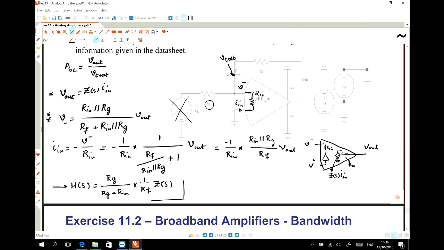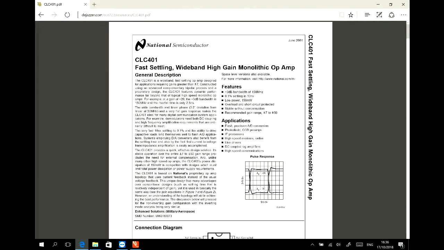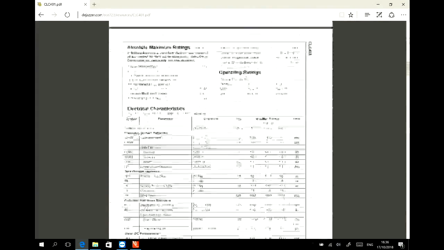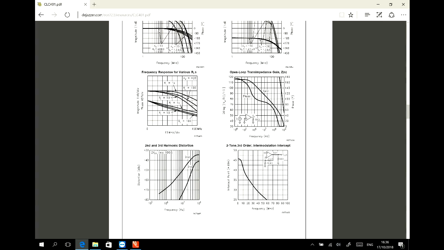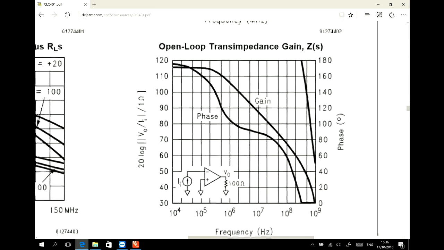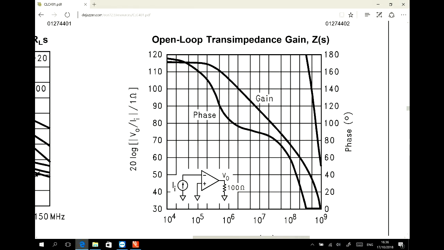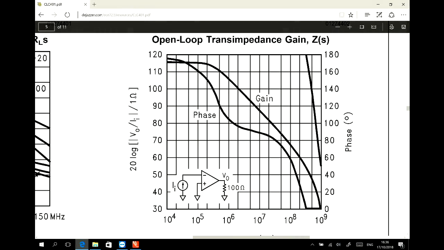If we look at the data sheet, we have two important things. One of them is this Bode diagram, which shows the ZS. So this is the ZS in dB, the phase and the gain. So this is the gain and this is the phase.